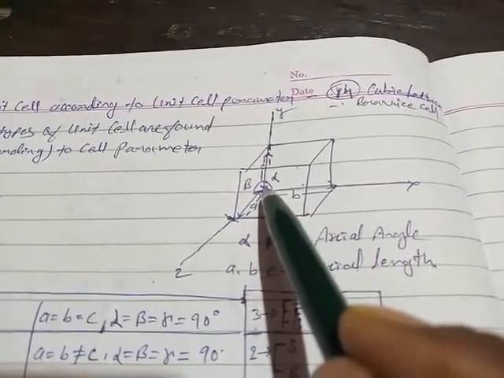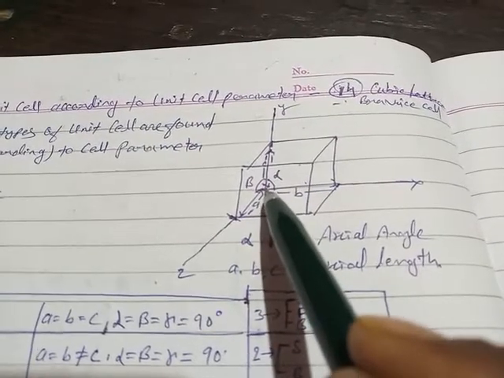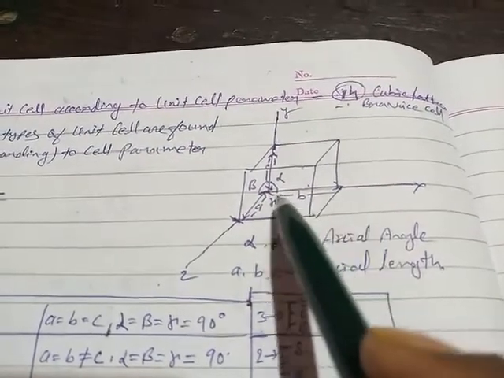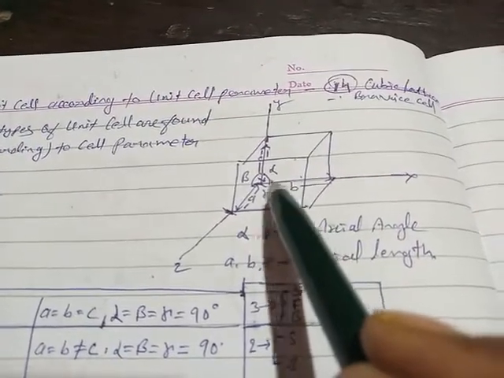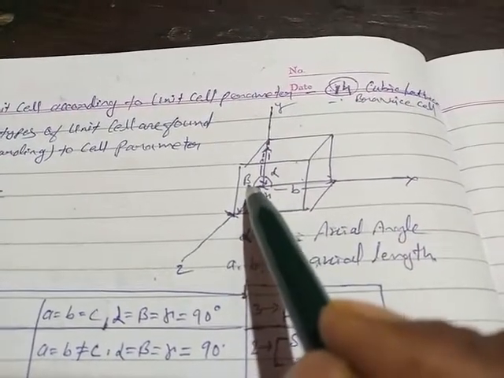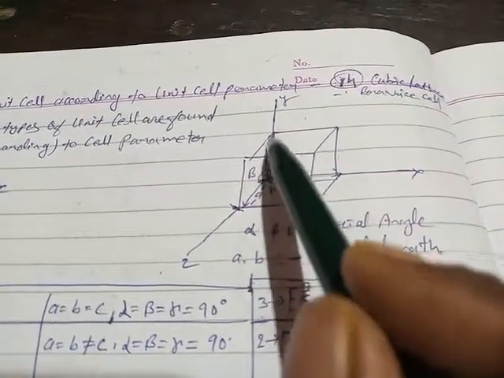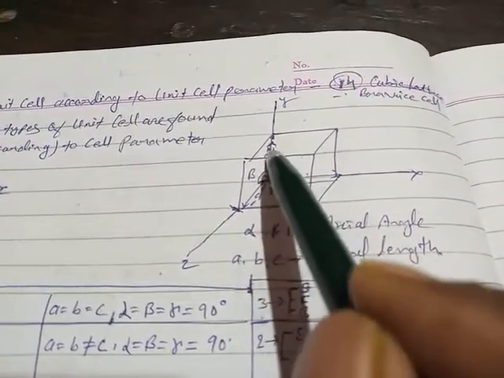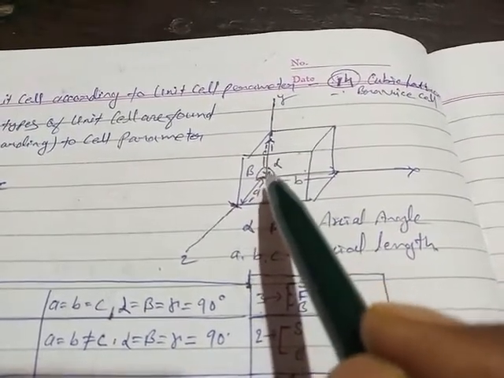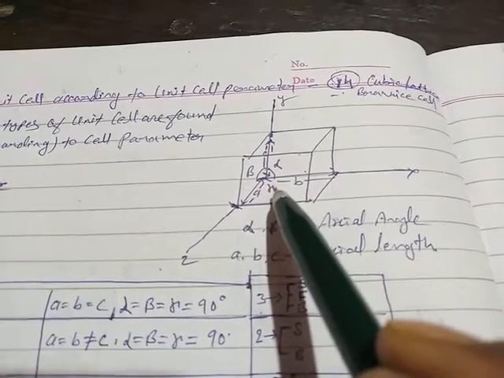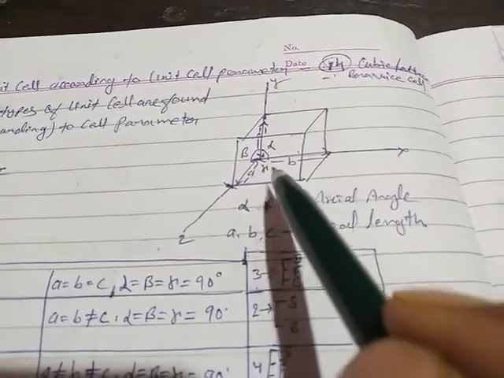From this point toward this point, the length of this side we call b, and the angle of this parameter is called beta. Same as from this point toward this point, this is the y-axis, the length of this is called c, and the angle of this parameter is called gamma. So it can be measured in the proper way.